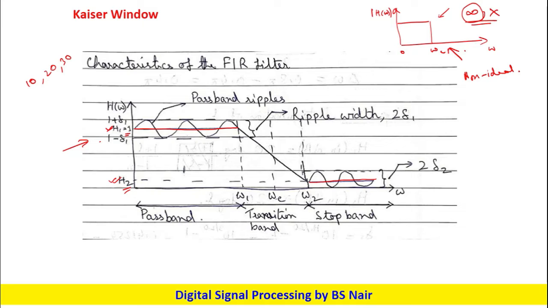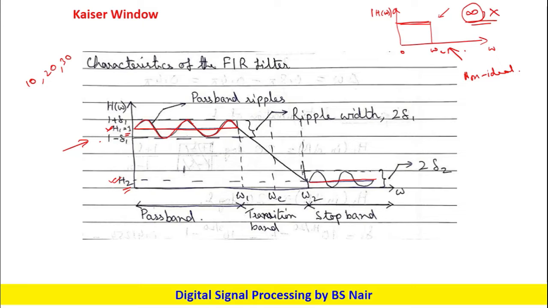Now how do you find out that non-ideality? In the Fourier series, if you remember, we discussed that we get a sinusoidal wave-like structure. We discussed or not?